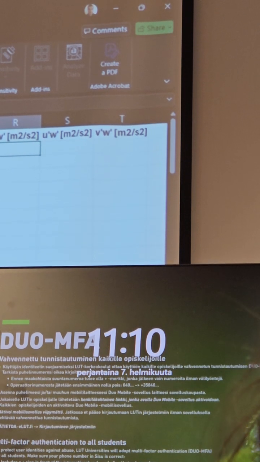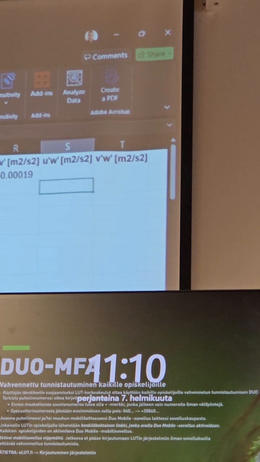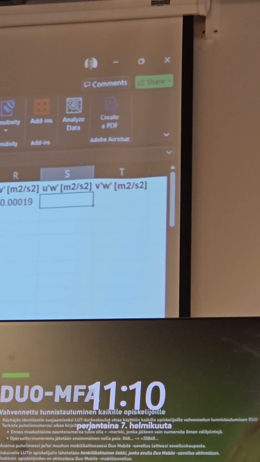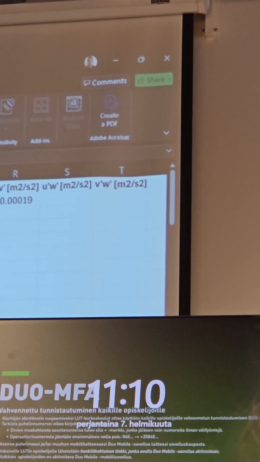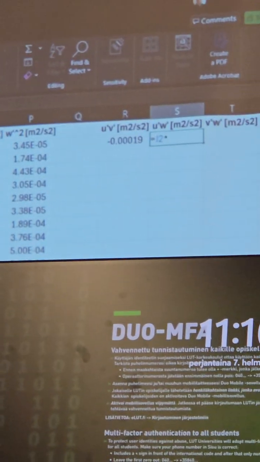So for the first term we have u prime times v prime. For the second term we have u prime times w prime.